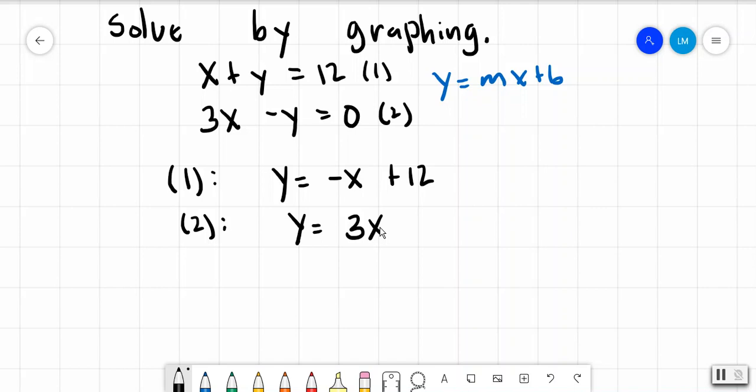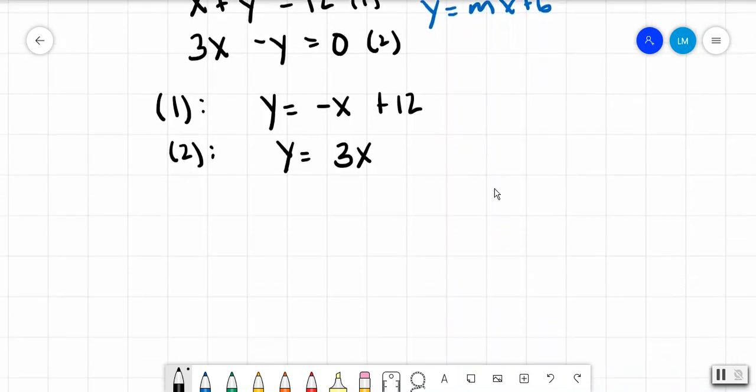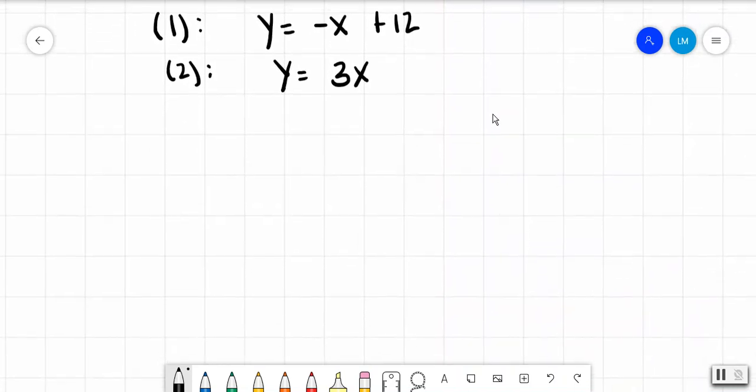Okay, so for this, we just need to graph both of these two equations in the x and y plane. So we can do that.